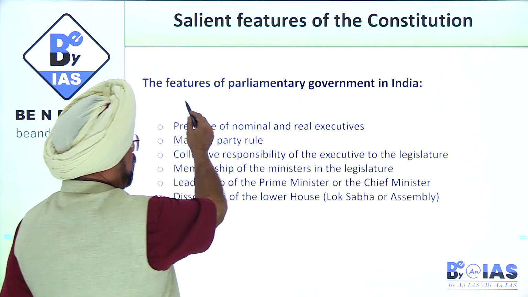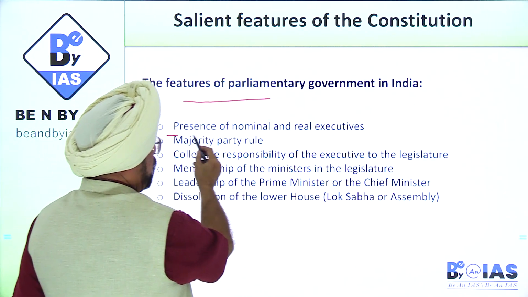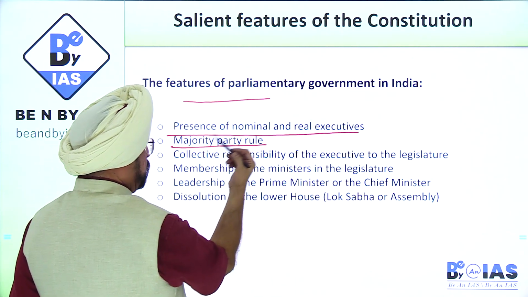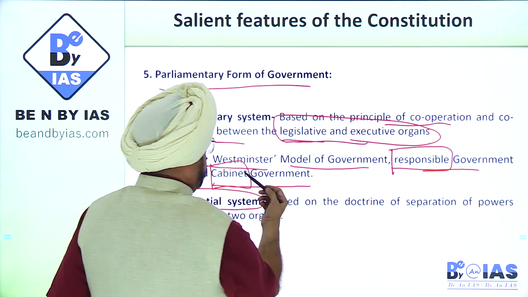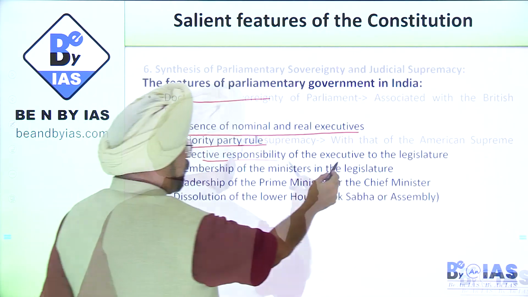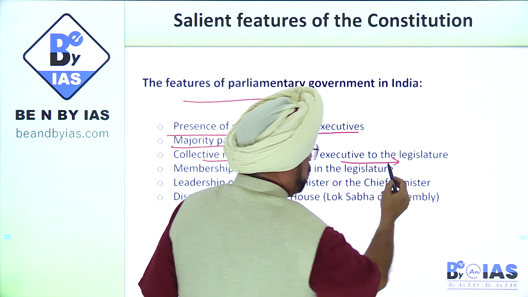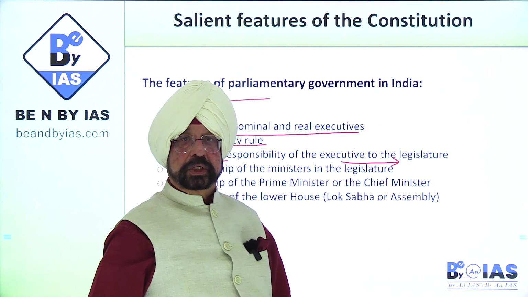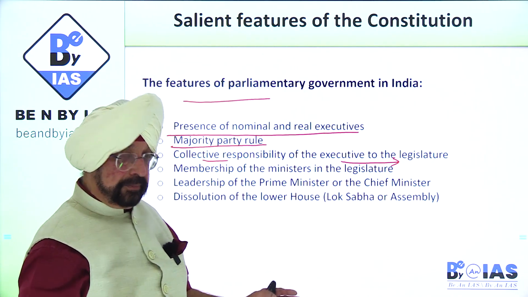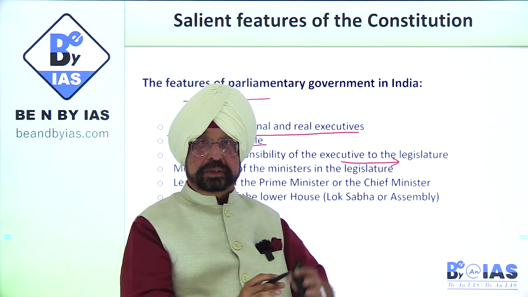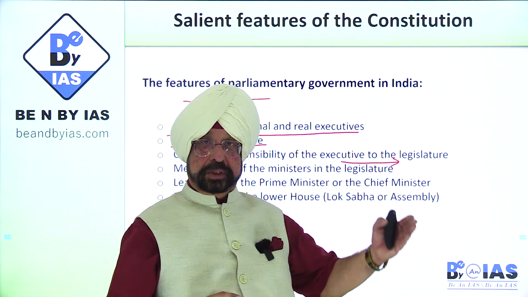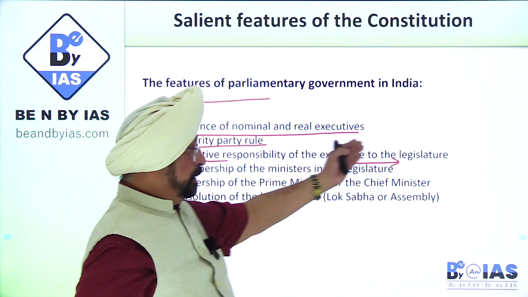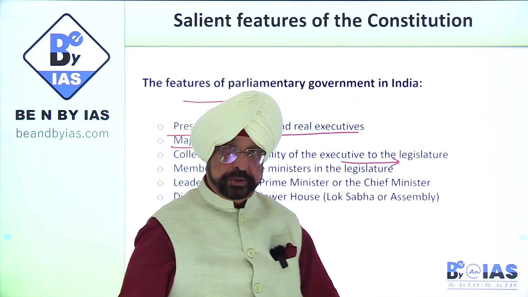Now, features of the parliamentary government: presence of nominal and real executives, majority party rule, collective responsibility of the executive to the legislature. That means the executive is responsible to the legislature. The collective responsibility is towards the legislature, towards the parliament, for all their actions.